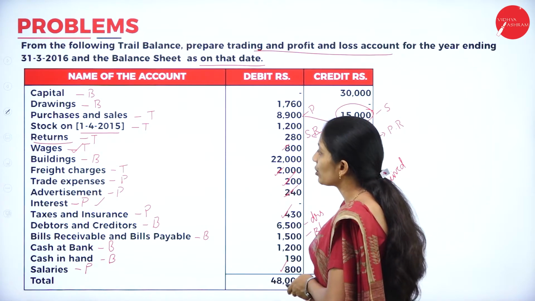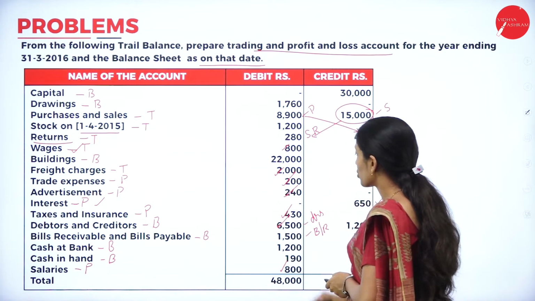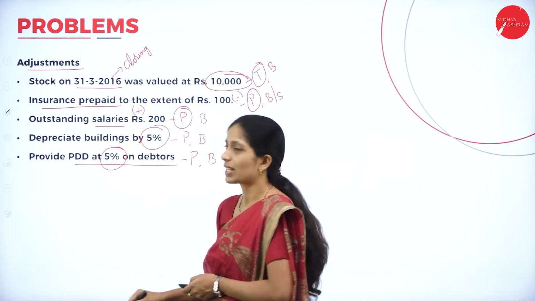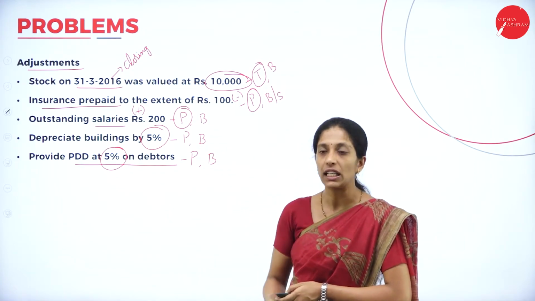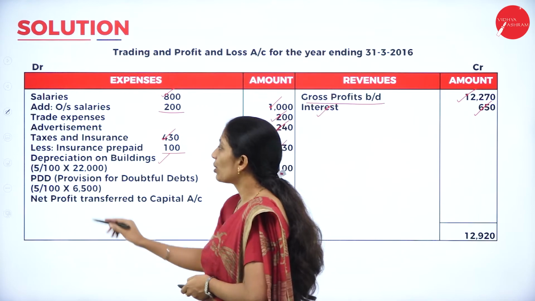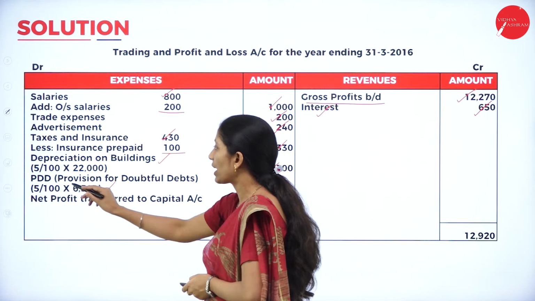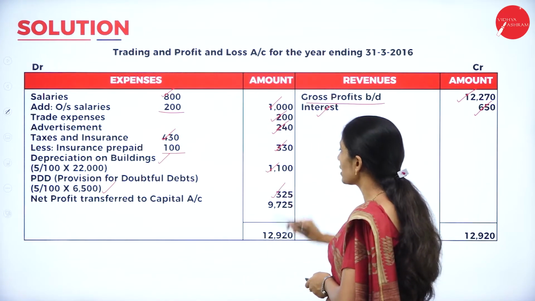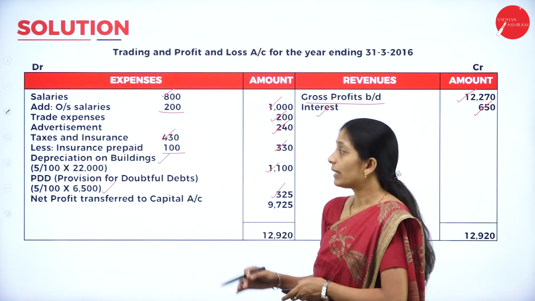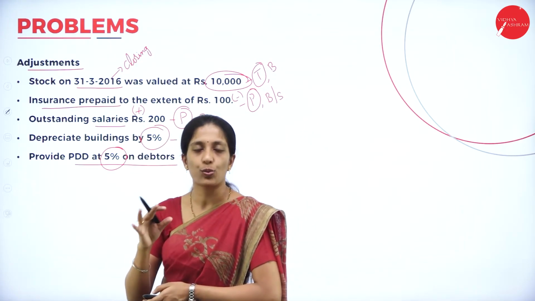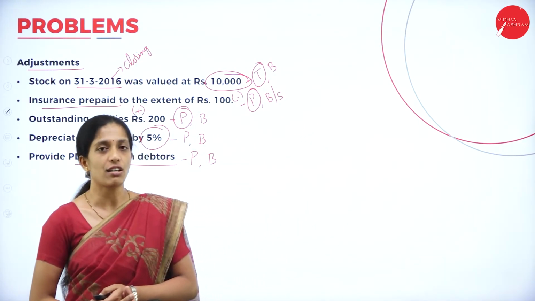So debtors value is 6,500. So 6,500 into 5%. So it is an expense you will record in the debit side. So PDD, provision for doubtful debts. So 6,500 into 5%. So you'll get 325. So then which are the other items? Yes, we are done with all the items at least once in a trading profit and loss account.